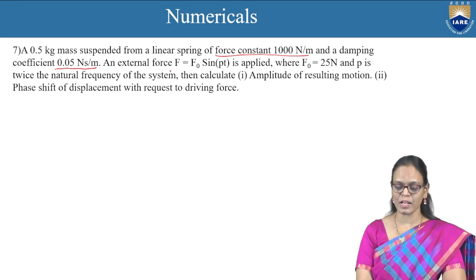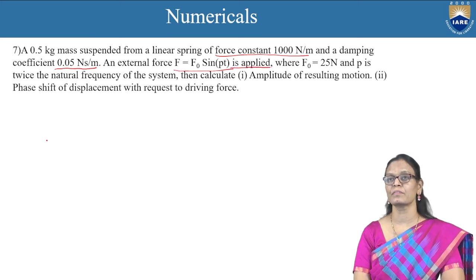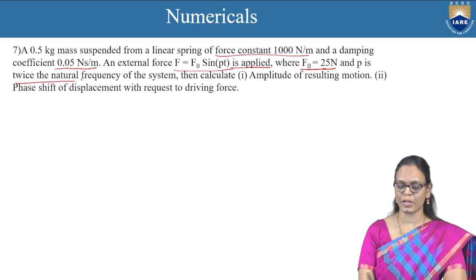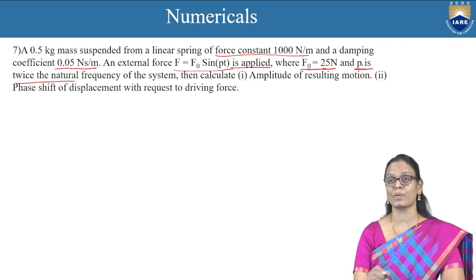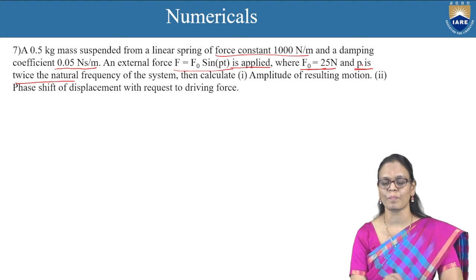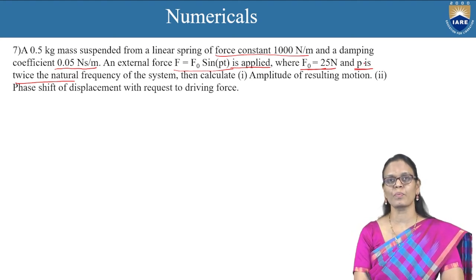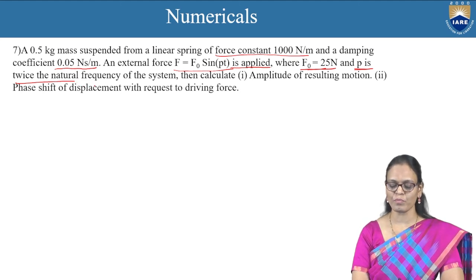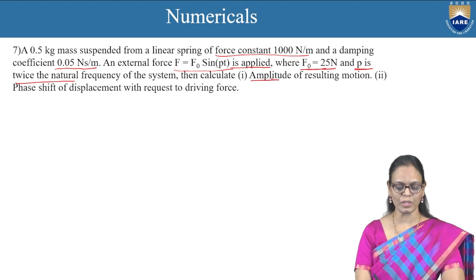And an external force F is equal to F naught sine Pt is applied, where F naught is 25 Newton. And P is twice the natural frequency. P is the external periodic frequency. This external periodic frequency is equal to twice the natural frequency. Then what we have to calculate? The amplitude and also the phase.